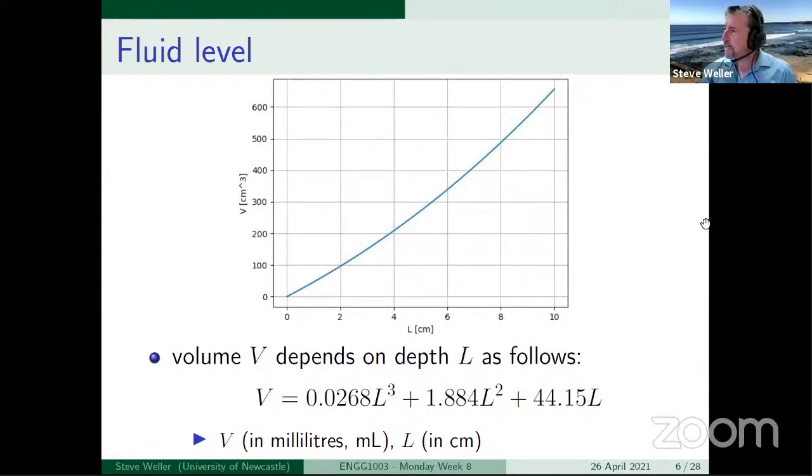It shows up as nonlinear in a couple of ways. One of which is that the dependence of V on L depends not just on L itself, but on L to the power 2 and also L to the power 3.